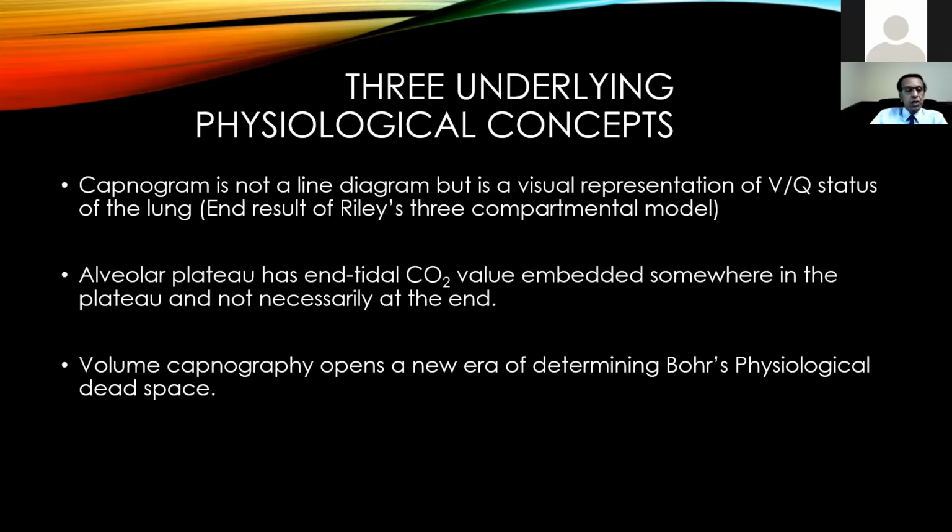Number two, the alveolar plateau has an entitled CO2 somewhere embedded in the phase 3 or the alveolar plateau of the CO2 curve. We do not know exactly where on the plateau is the entitled CO2. The third is volume capnography, because it is opening up a new era of determining Bohr's physiological dead space.